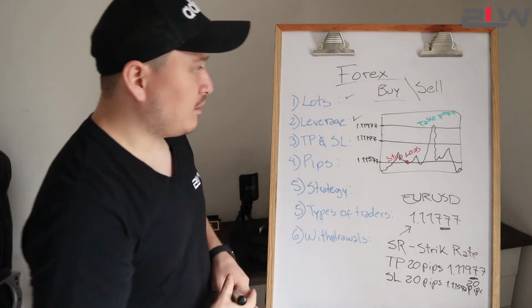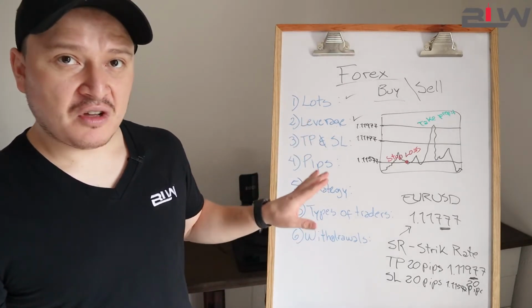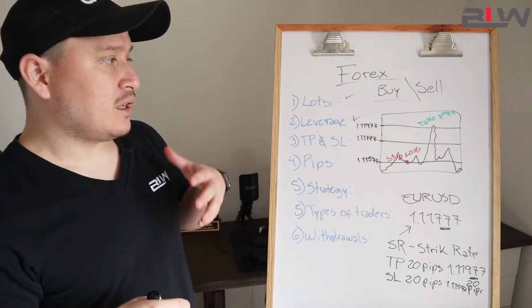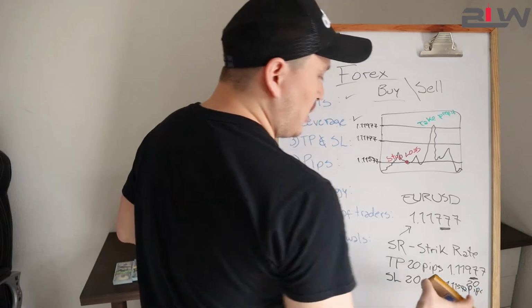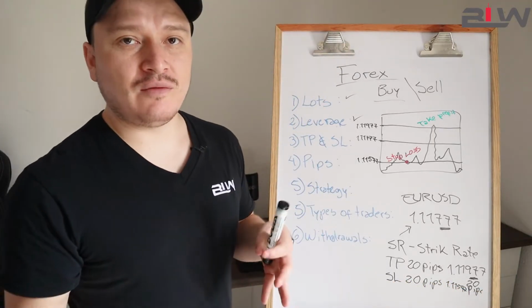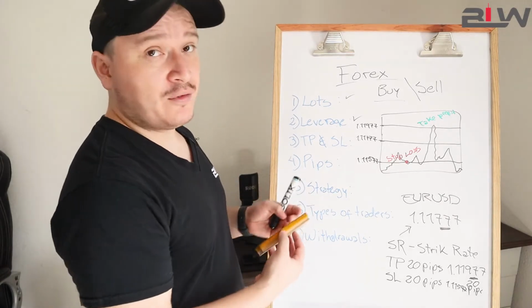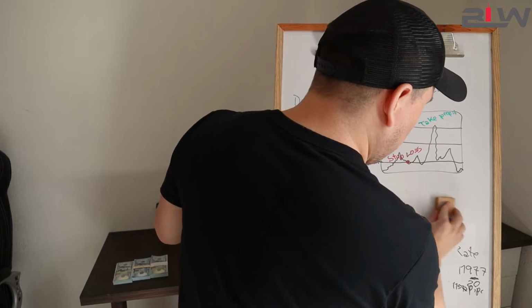You make money, right? Is that clear? Very simple, right? This is just an example of taking stop loss or take profit. And of course, I'm going to give you a real life example on my computer once we finish this lesson. And now let me just go ahead and delete all of this.